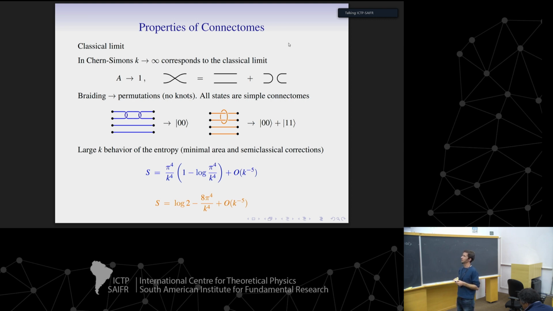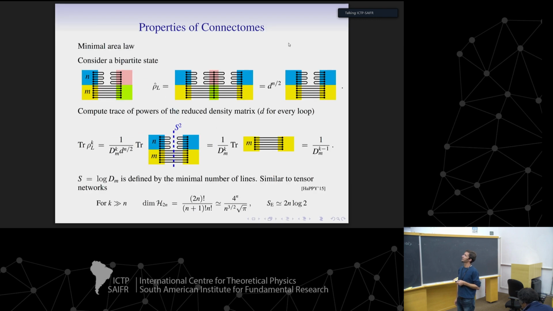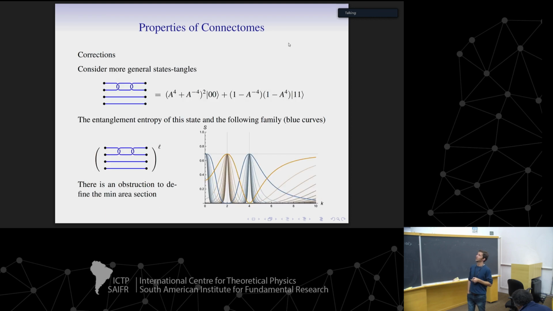Here, this is a correction to 0 entropy. This is a correction to this log 2 entropy. These kinds of states here are classical states. That's why I would like to say that they're analogous to classical geometries, while these are quantum states. They are simply linear combinations of classical geometries.